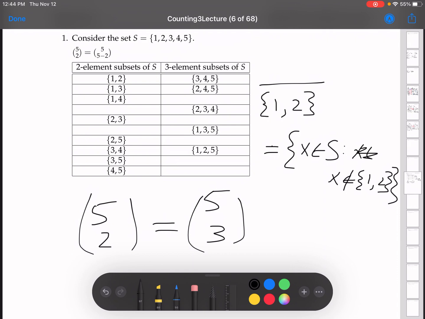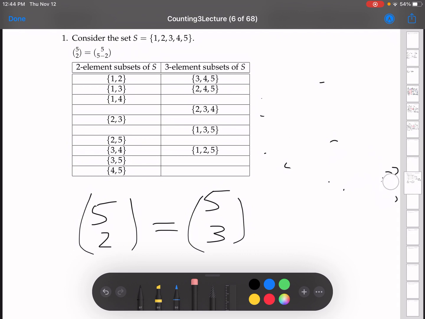That's that set. So it's the set of all elements of S that aren't in that set, and the set of all elements in S that aren't in the set containing 1, 3 is 2, 4, 5. All right, so we're mapping from 2 element subsets to 3 element subsets using the complement.